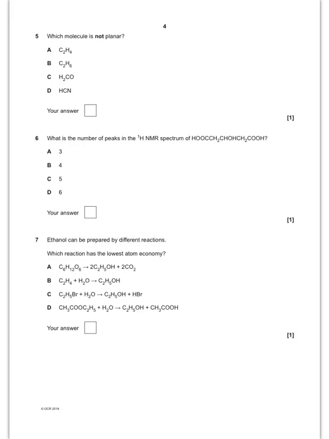If you just have a quick look down, you will see that the answer is going to be B, which is ethane. Ethane, obviously the shape around those carbon atoms is going to be tetrahedral, so the answer to 5 is B.